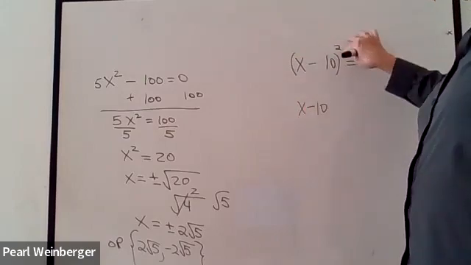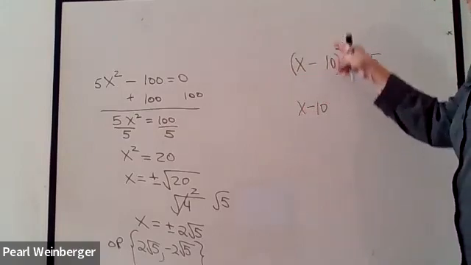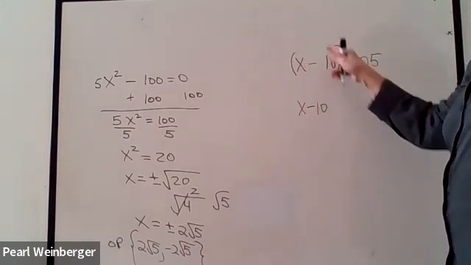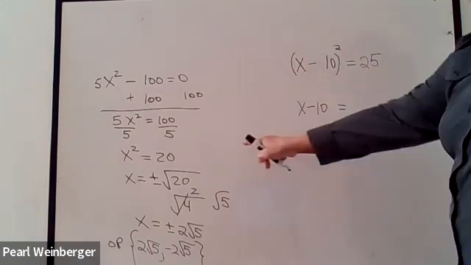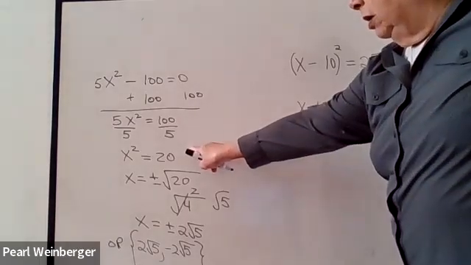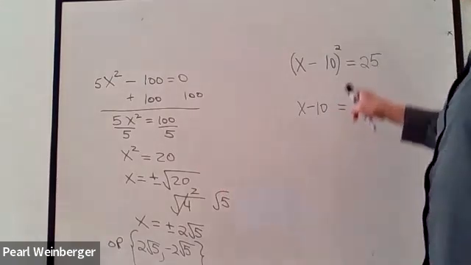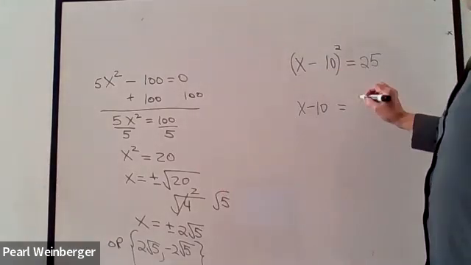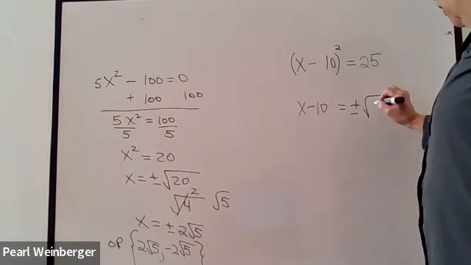Anything that's in a square, when you take its square root, you just get what's inside the parentheses. And on the other side, just like we did over here, we went from x squared equals 20 to x equals plus or minus the square root of 20. Over here, we're going to go to x minus 10 equals plus or minus the square root of 25.